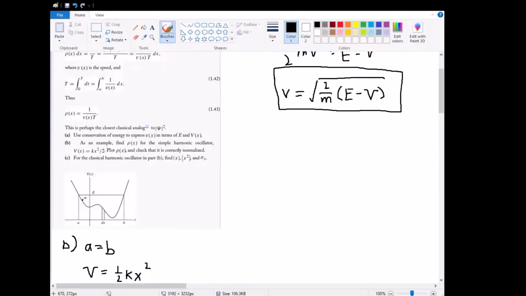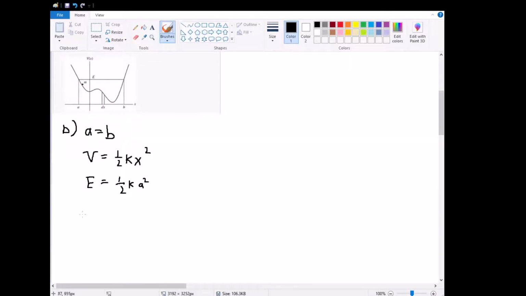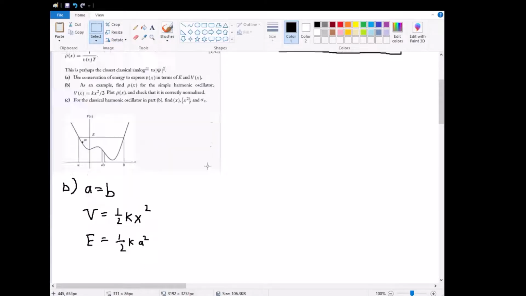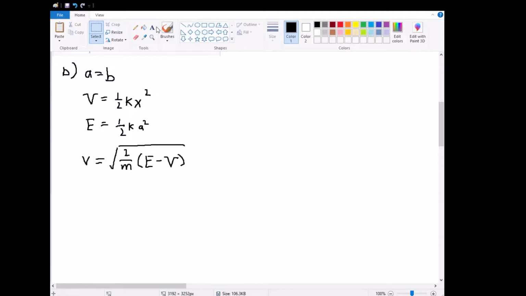So we can instantly start by writing out the velocity of our particle in terms of x and A instead of E and V. So we know that v is equal to this, and we can say that this is in fact equal to the square root of 2 over m, and we're actually going to multiply 1/2 k, because that distributes it out, multiplied by A squared minus x squared.